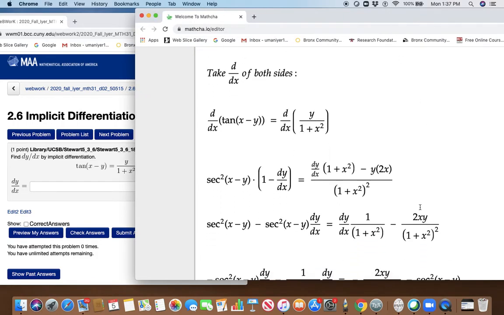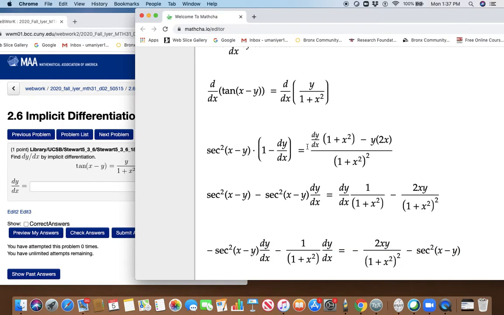Okay. So look, there is a dy/dx here and here. So you need to simplify this. This distributes. On the right-hand side, I have to divide the denominator into both pieces.